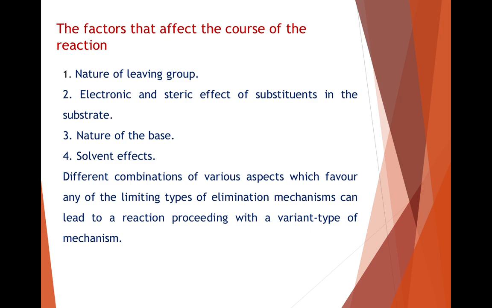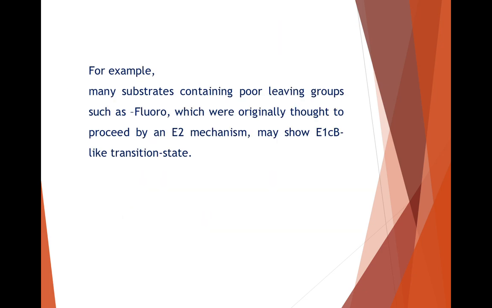These are the 4 effects which predominantly affect the course of the reaction. Different combinations of various aspects which favor any of the limiting types of elimination mechanism can lead to a reaction proceeding with a variant type of mechanism. For example, many substrates containing poor leaving groups such as fluoro, which were originally thought to proceed by an E2 mechanism, may show an E1CB like transition state.